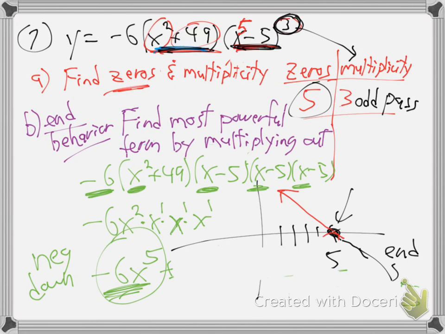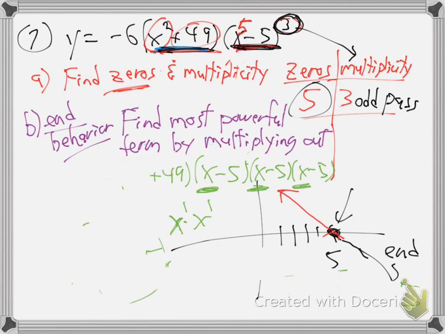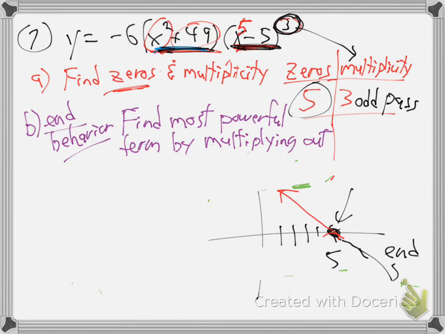The only other thing they're going to have us figure out is something called the maximum number of turning points. And honestly, it's not that important. Let me go back. I'll show you. It's super easy to find and really not that important. They'll say, what is the max number of turning points?